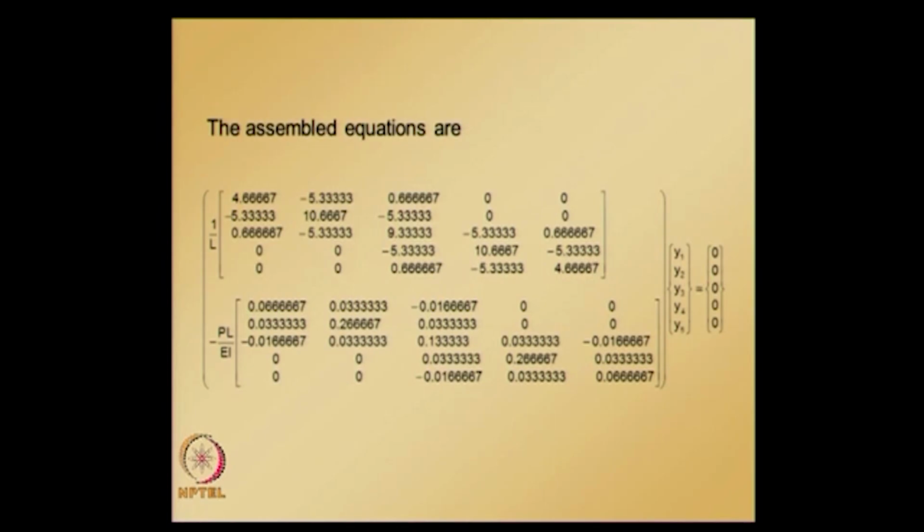And we see that y1 and y5 correspond to x equal to 0 and x equal to L respectively. So, y1 and y5 both are going to be 0.